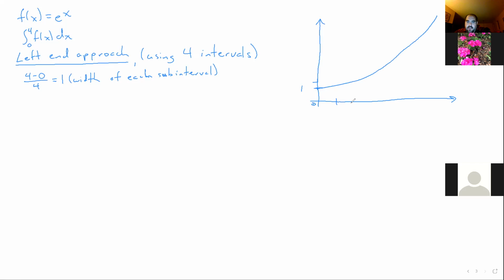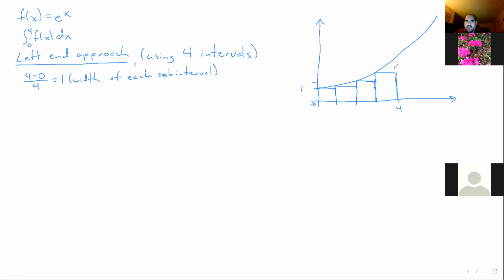So 0, 1, 2, 3, 4. I'm using the left-hand approach, so my rectangles are going to look like this. Remember, when I use these left-hand, midpoint or right-hand approaches, I'm finding the areas of a few rectangles and then adding them together. Hopefully this makes it a little more clear what we want to do.